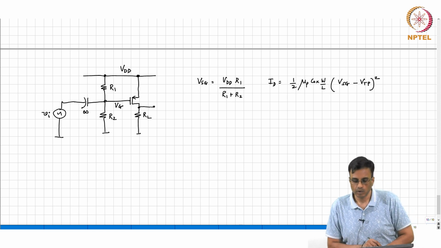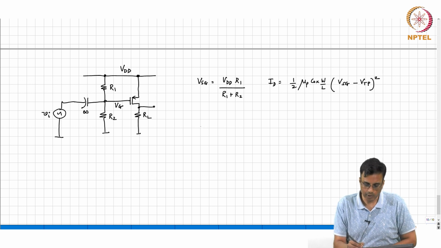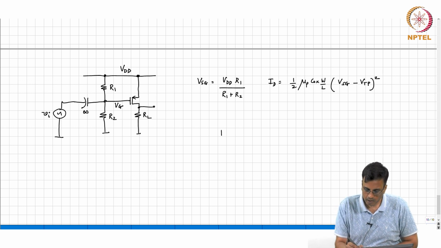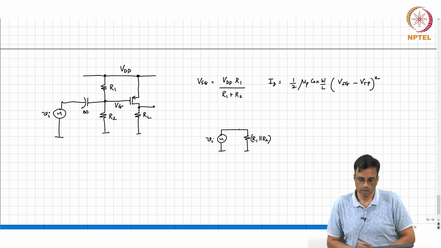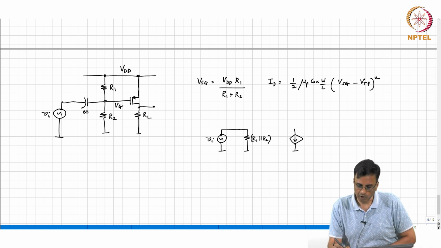Now, if you want to make the incremental equivalent, how does it look? The capacitor becomes a short, that is Vi. Then you have R1 parallel R2, and what is the equivalent?